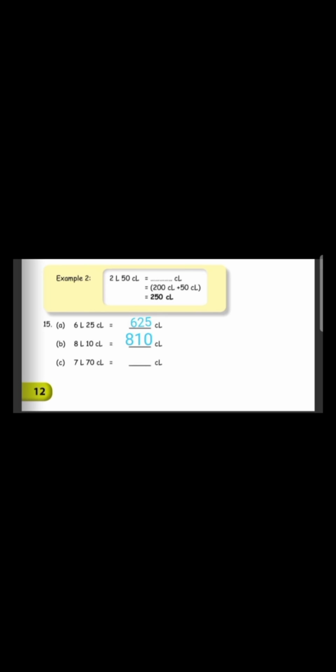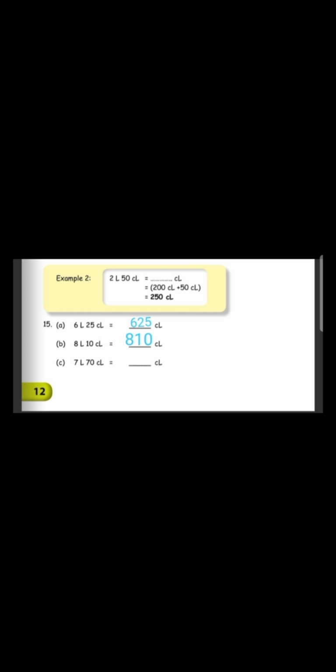Now let us work out part C. Part C we have 7 liters 70 centiliters is equal to blank centiliters. 7 liters, how many centiliters? 700 centiliters. Then we have to add the 70 centiliters in order to obtain the right answer.